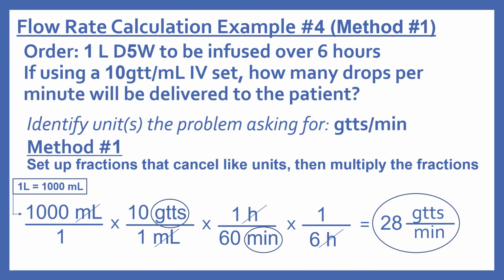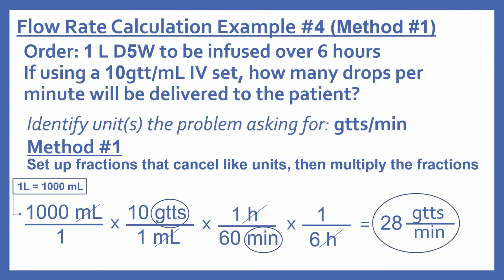1,000 milliliters per 1 times 10 drops per 1 milliliter times 1 hour per 60 minutes times 1 over 6 hours. And this cancels milliliters. We have a milliliter on the top, a milliliter on the bottom. We have an hour on the top, an hour on the bottom. And that leaves us with the units we want, drops per minute, drops on the top, minutes on the bottom.